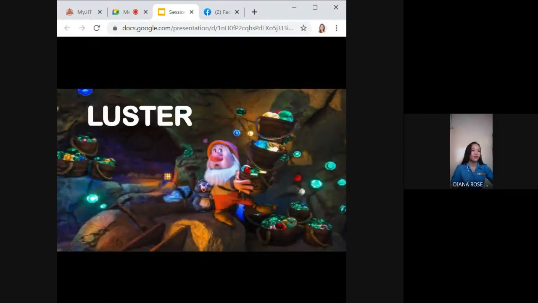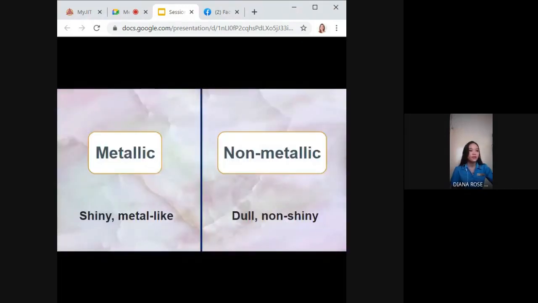So, luster. Luster is a property that describes how light is reflected on the surface of a mineral. It is one of the properties that mineralogists look at when trying to determine the identity of a mineral. Basically, minerals are primarily divided into the two categories of metallic and non-metallic.